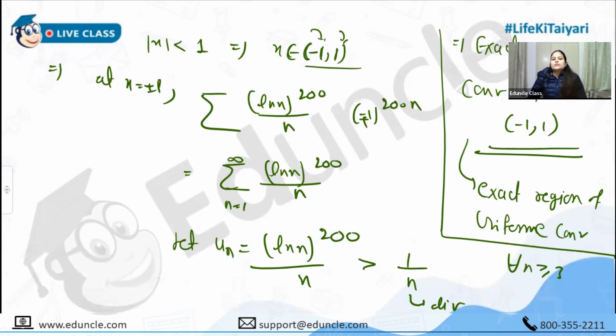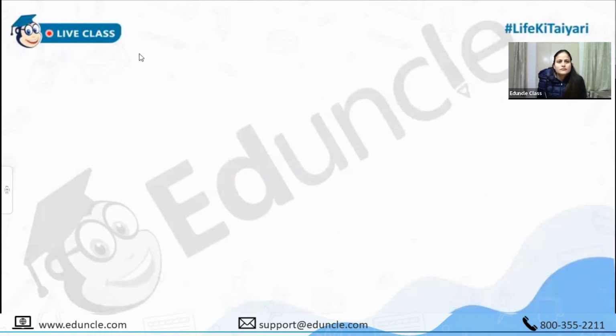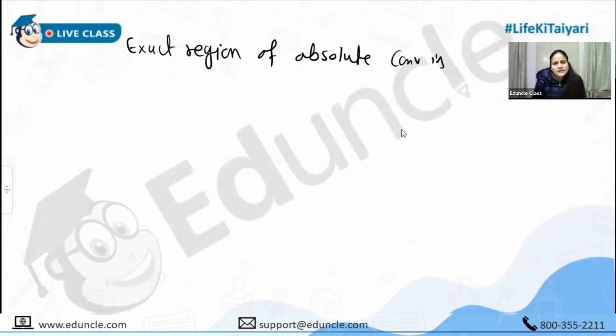Okay. So here what will be the exact region of absolute convergence? Exact region of absolute convergence मतलब boundary points को include करके बताना है. क्या रहेगा यहाँ पर? Exact region of absolute convergence. Same?